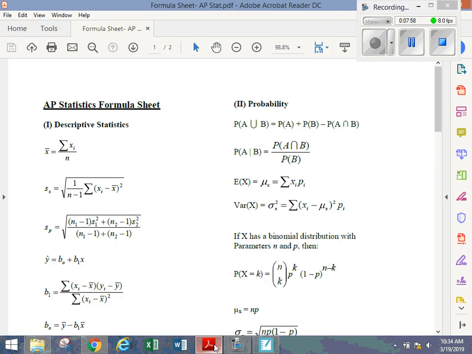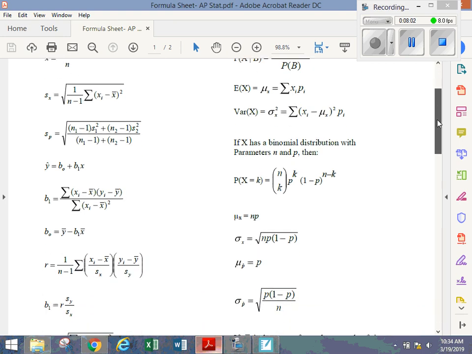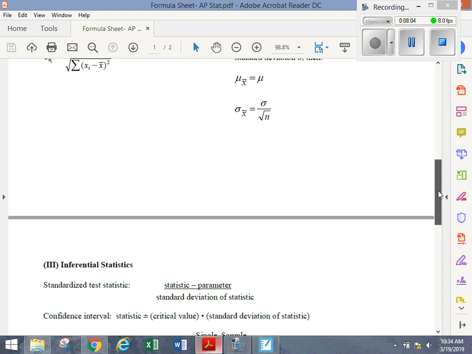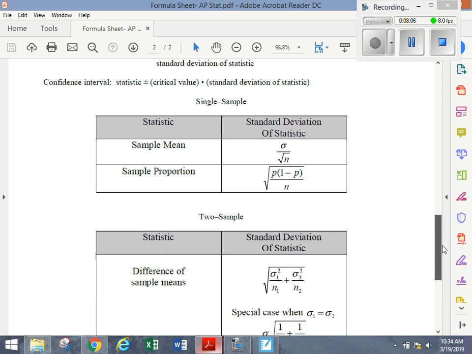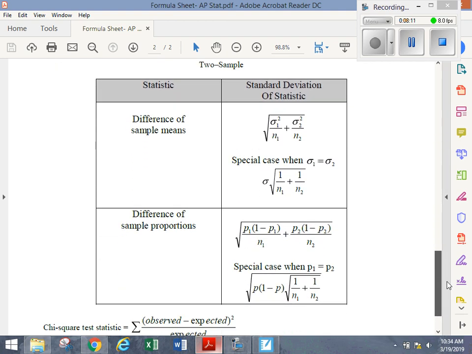So if you look at your formula sheet, scrolling on down, kind of in this inference side here. With our two samples, we'll have two proportions, so the difference of sample proportions.